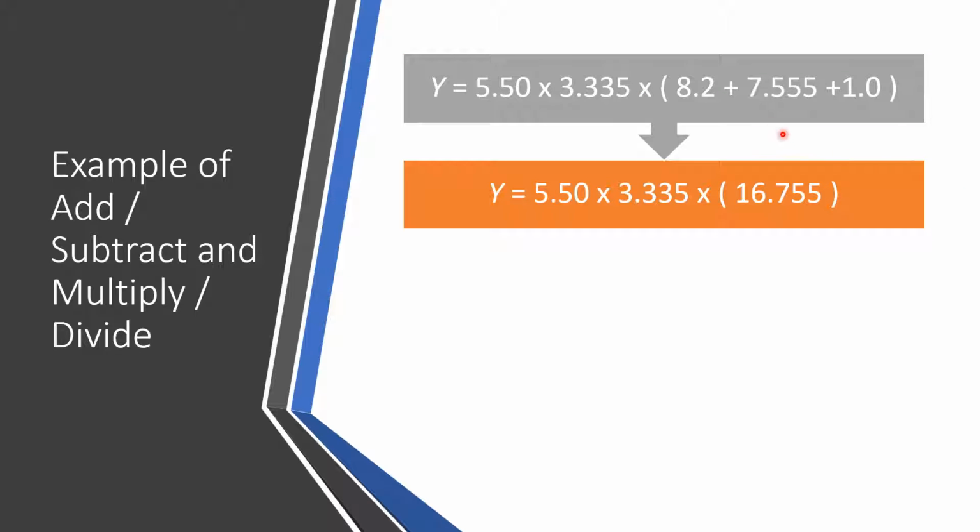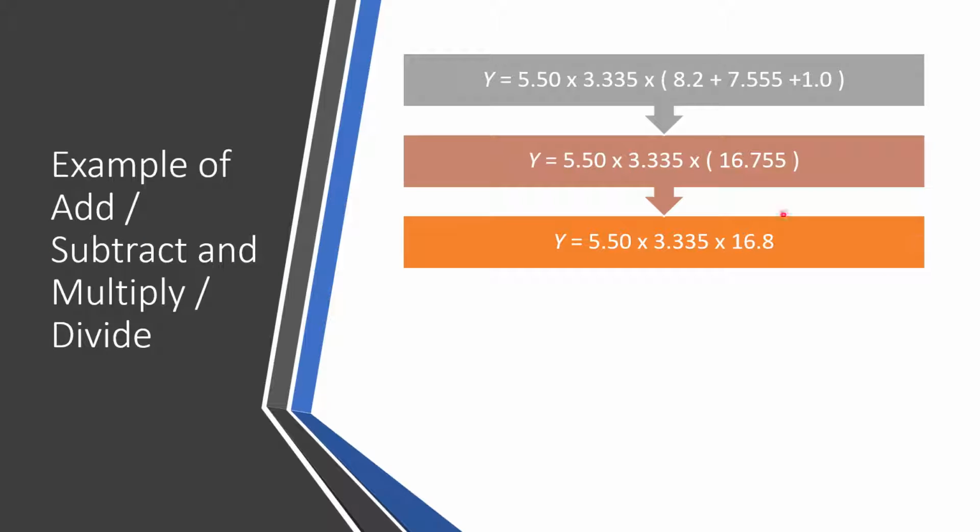All right, so the first step is to work within the parentheses. So we add up these numbers within parentheses and not really pay attention to the round off, at least initially. And then in the next step, what you'll see is that we will deal with this. We know that that leftmost common column in this case is the tenths column.